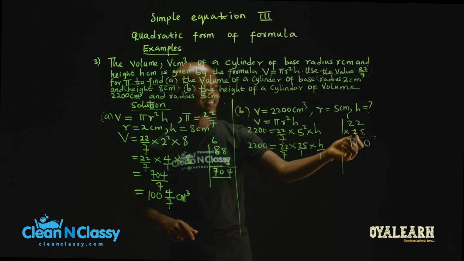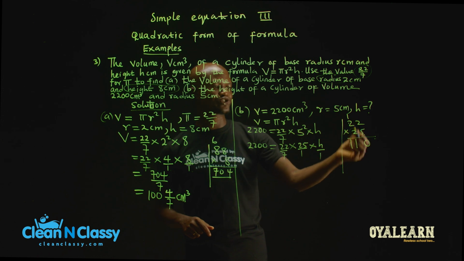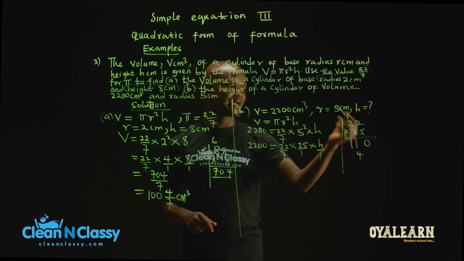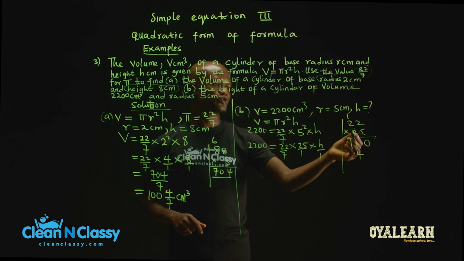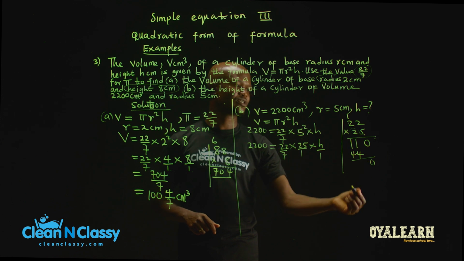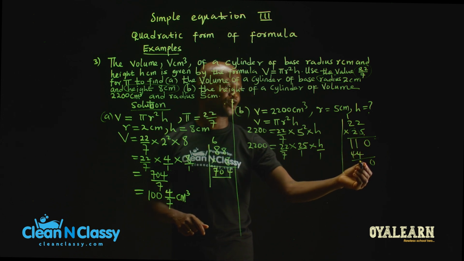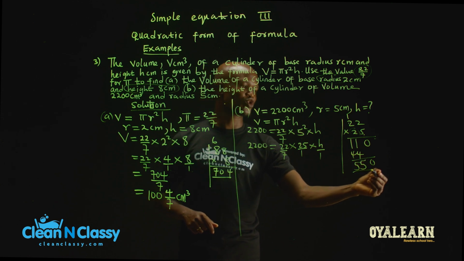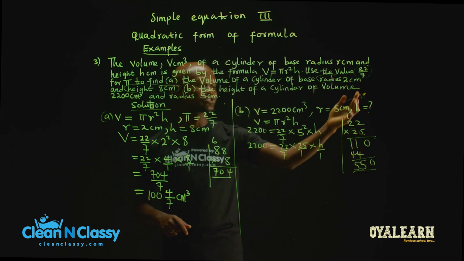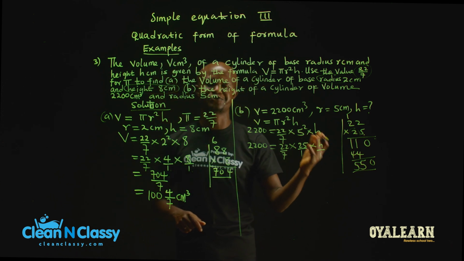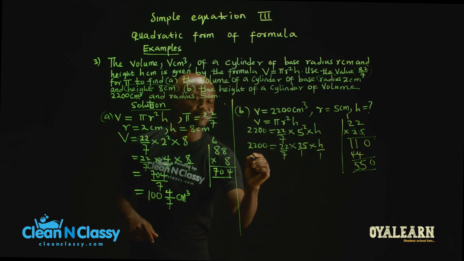Now we multiply using the other 2. 2 times 2 is 4. 2 times 2 also is 4. So this is 0, and this is 1 plus 4, we have 5. 1 plus 4 also gives 5. So 22 times 25 will give us 550.